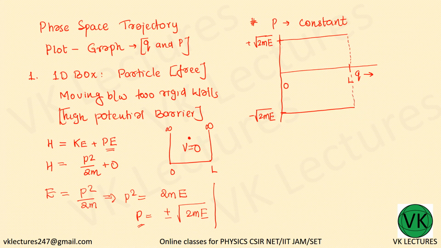So this is the phase space diagram for the one-dimensional box. You can write the trajectory for the one-dimensional box as a rectangle.